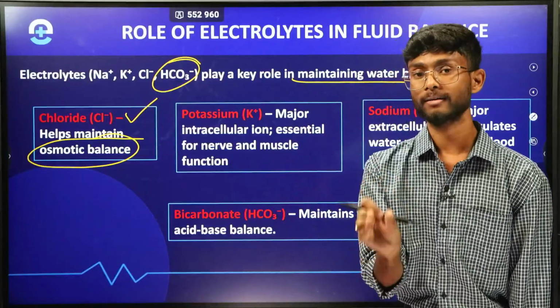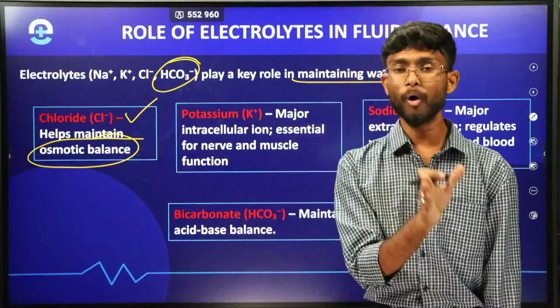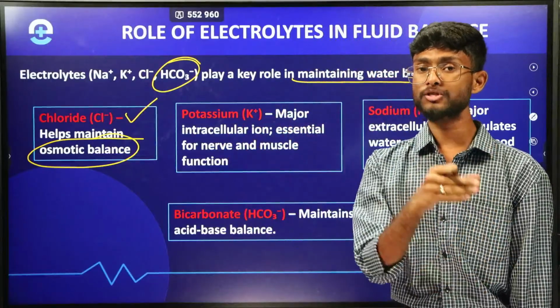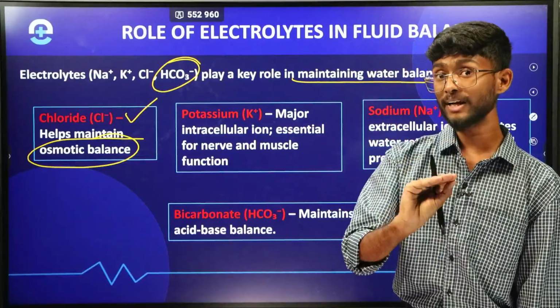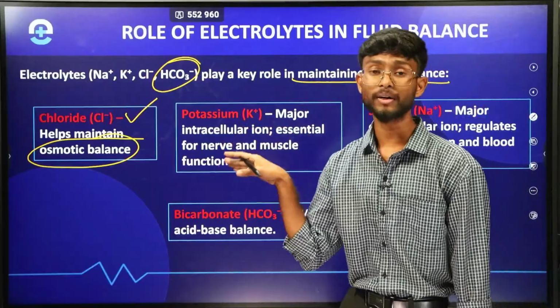The water is not shifting excessively or dangerously from one place to another, inside to outside, outside to inside. So this is osmotic balance.